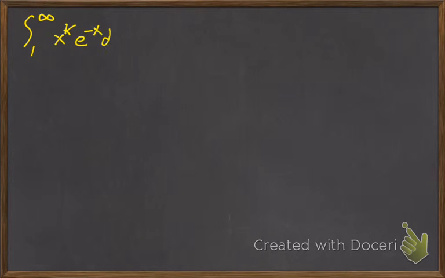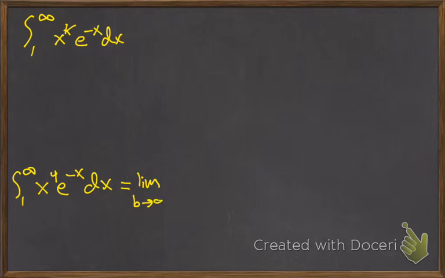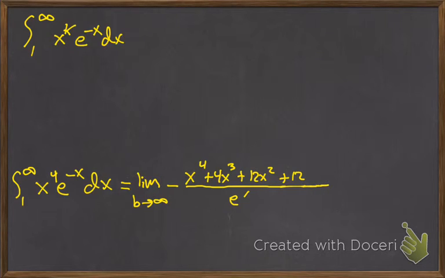Okay. So now we'll go on to the next, and we're going to look at the integral of x to the k e to the negative x dx, and then we'll do a concrete example, x to the fourth e to the negative x dx. And so when we do the tabular method, that's the limit as b goes to infinity, of negative x to the fourth plus 4x cubed plus 12x squared plus, okay, we had a little bit of an error here, so let me fix this.